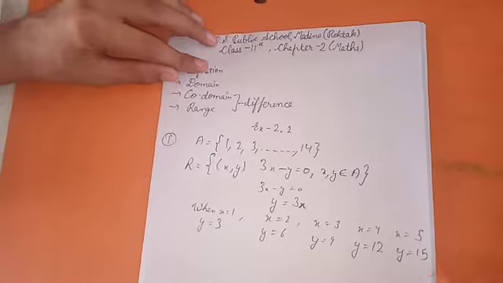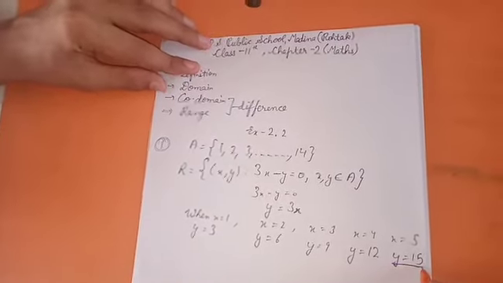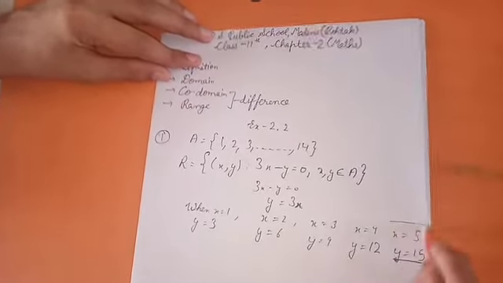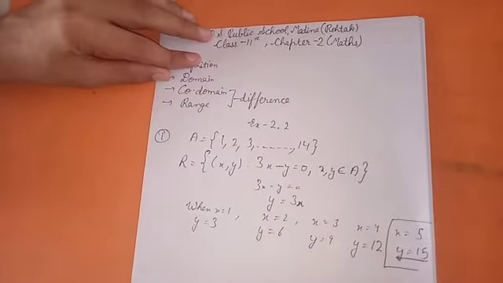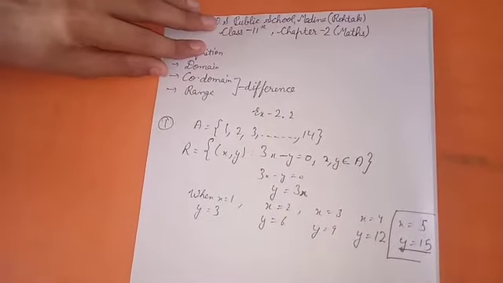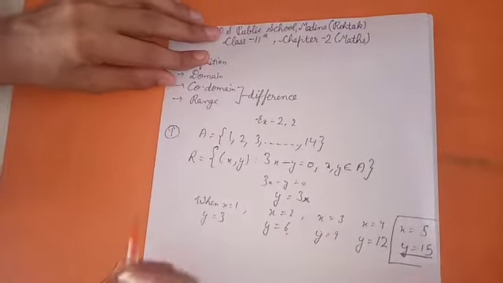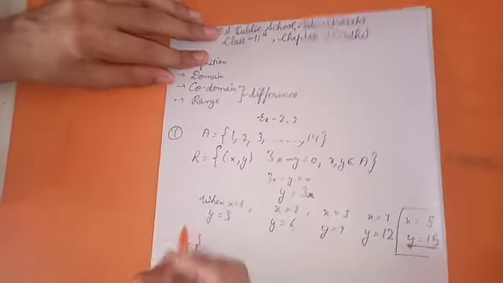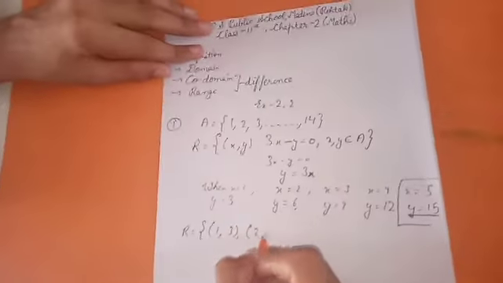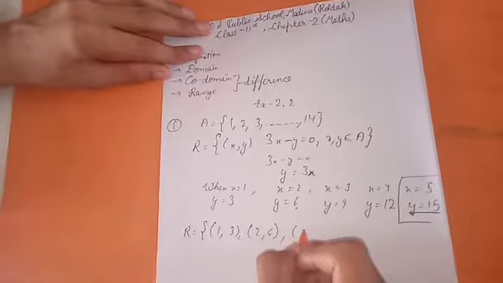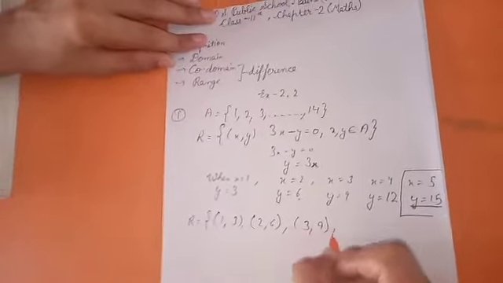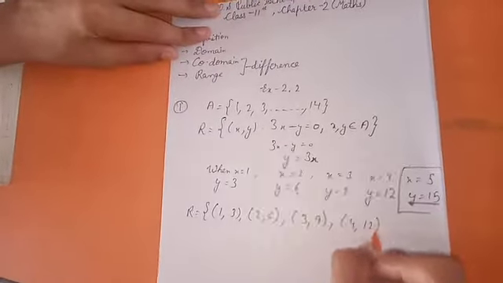But 15 is not part of A, so we will neglect it from the relation. So we are getting 4 elements in our relation R, that are (1, 3), (2, 6), (3, 9), (4, 12).